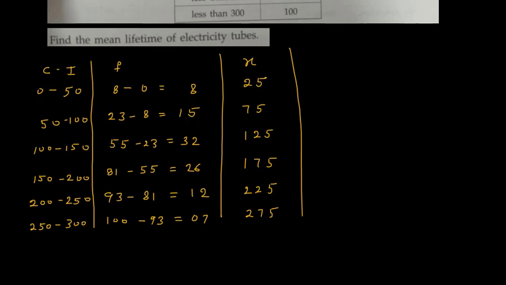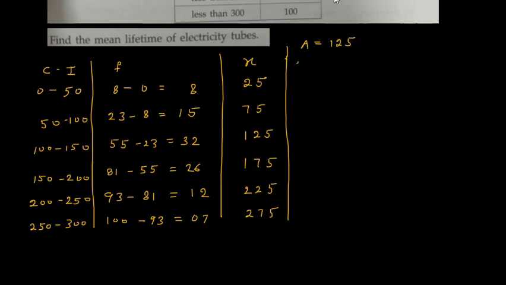Now if you multiply it with this frequency, surely there will be some chance of mistake, as the numbers are big. So what we do, instead of multiplying directly, we first write an assumed value. Let us take a. So let us take 125 as the assumed value, and find the value of d, which is x minus a.